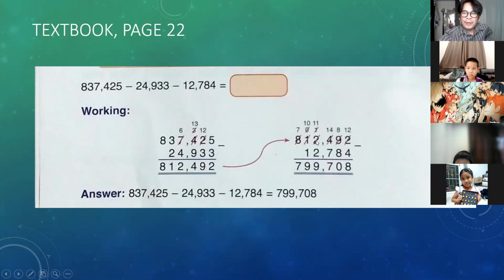We borrow 1 from 2. 2 becomes 1. 14 minus 7 equals 7. 1 minus 2 cannot be subtracted. We borrow 1 from 1. 1 becomes 0. 11 minus 2 equals 9. 0 minus 1 cannot be subtracted. 0 becomes 10. We borrow 1 from 8. 8 becomes 7. 10 minus 1 equals 9. 7 minus 0 equals 7.